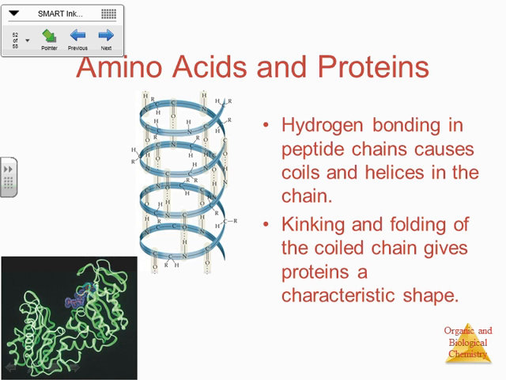If you've ever heard of denaturing a protein, or denaturing an enzyme, enzymes are specific types of proteins that speed up chemical reactions in the body. If you change the temperature too much, or change the acidity the protein is in, it ends up breaking some of these bonds, and it changes the shape. Once the shape changes, it can no longer function the way it's supposed to.